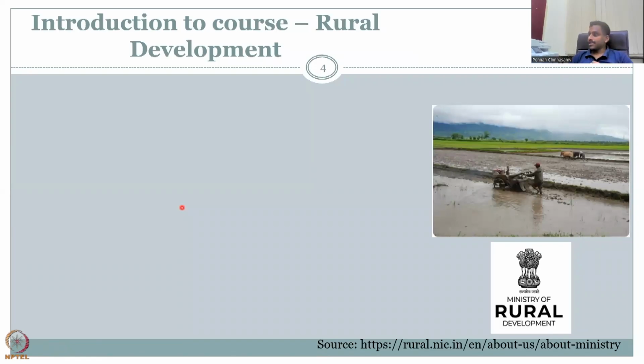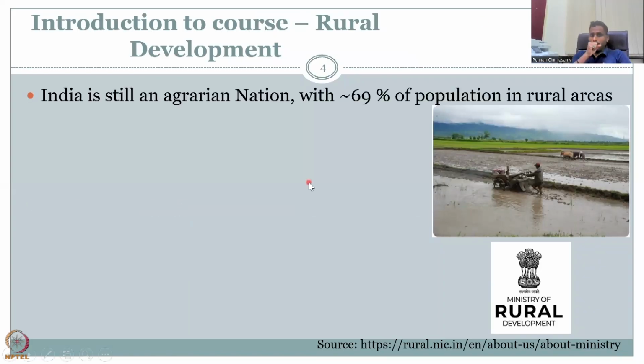I would like to rephrase and reassess the importance of this course by speaking about rural development again. India is still an agrarian nation, with approximately 70% of the population in rural areas, 69% to be more specific.